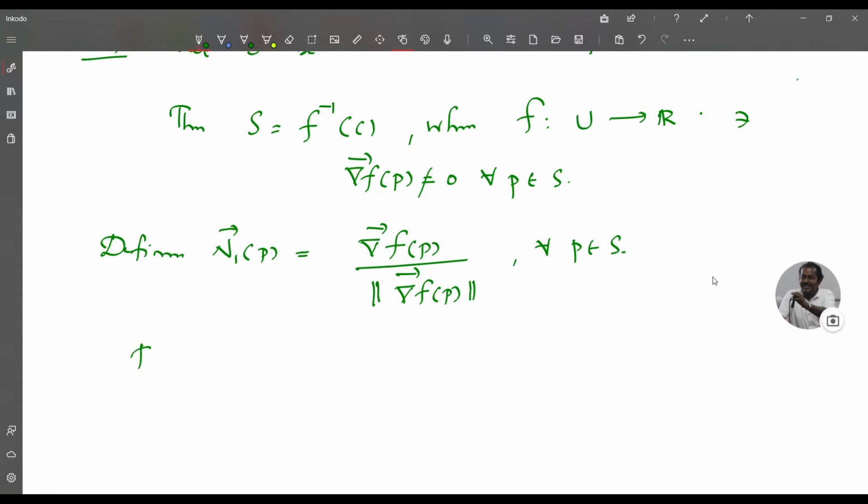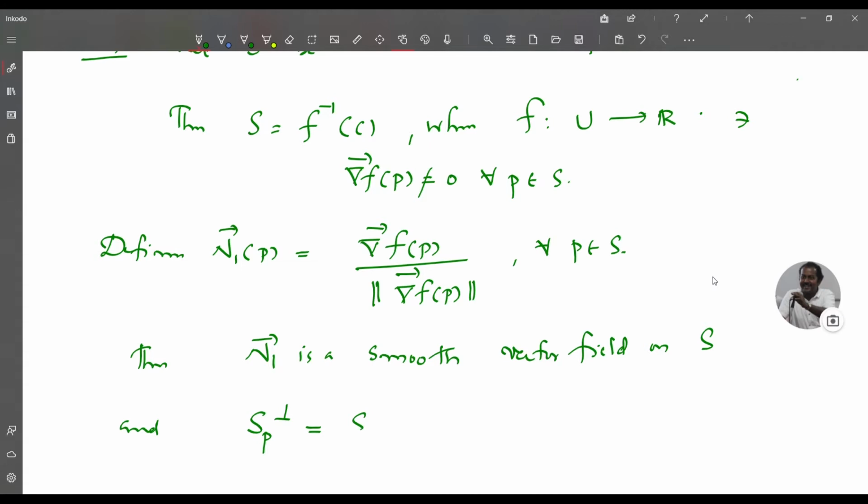Then n1 is a smooth vector field on S, and S_P perp is the span of n1 of P, as you know.